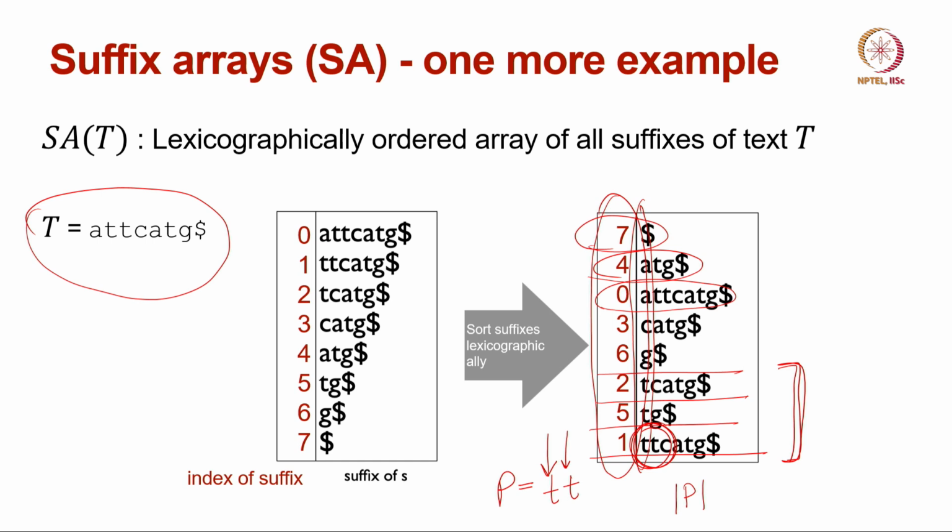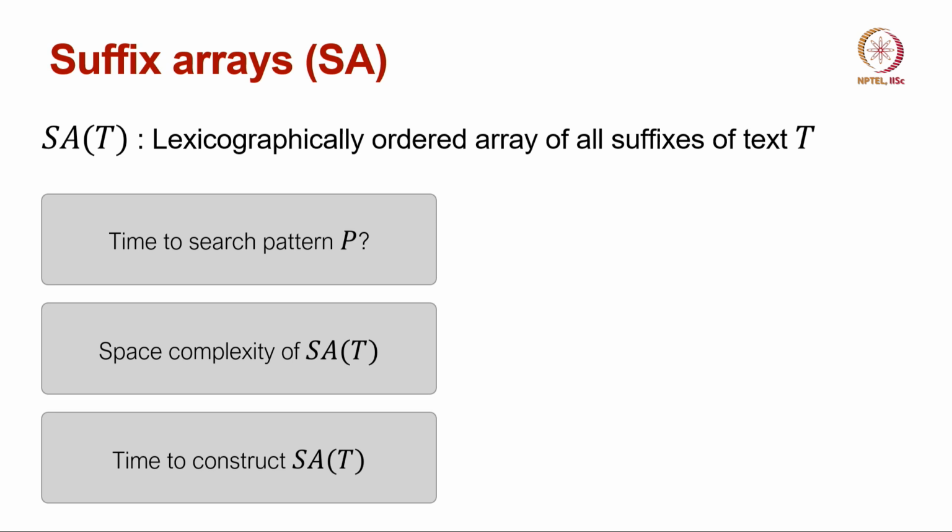Therefore, the time it would take to do pattern matching using a suffix array with this algorithm is P log T. So, the time to search pattern P is order P log T, because we are doing P iterations of binary searches on an array of length T. This can be improved further, but we will not discuss that in the lectures.